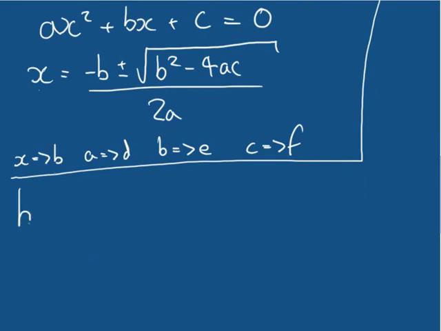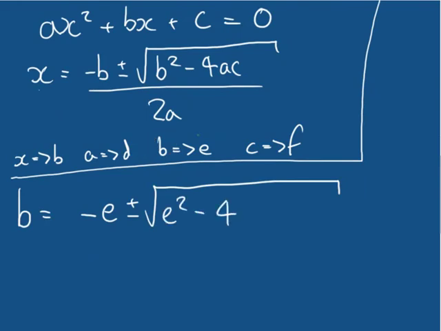So b is equal to minus, our b becomes e, so minus e plus or minus the square root of e squared in our case, minus 4, a becomes d, c becomes f, so 4df, all over 2 times a, again a becomes d.